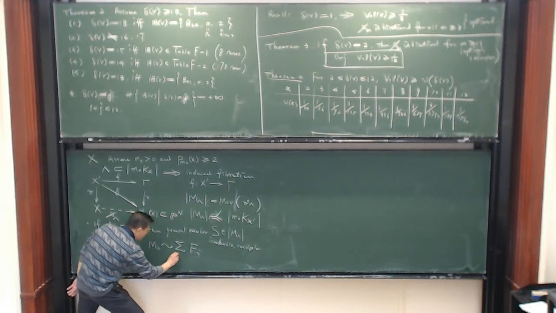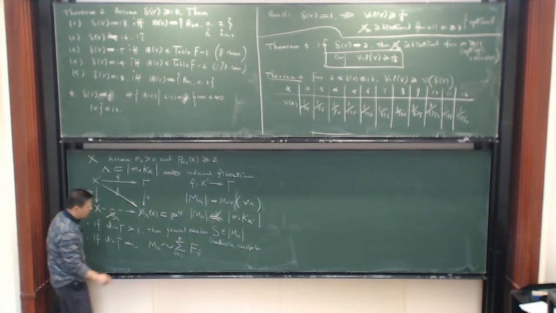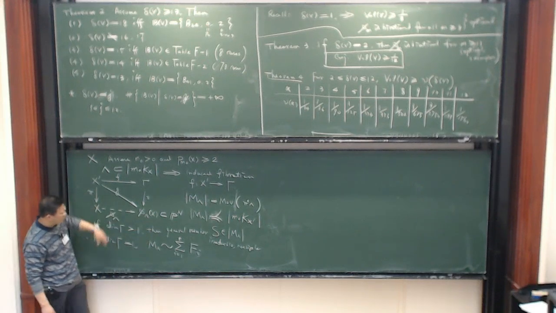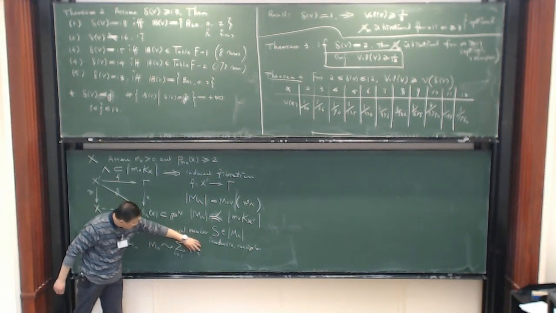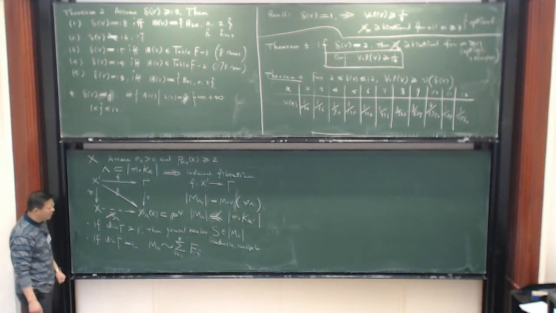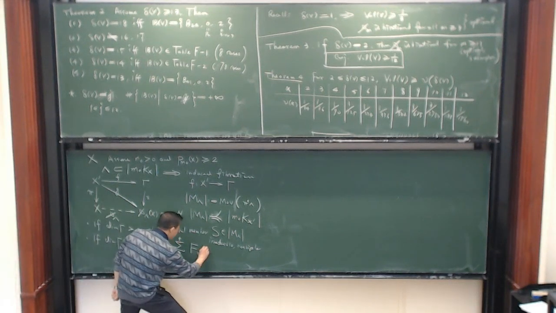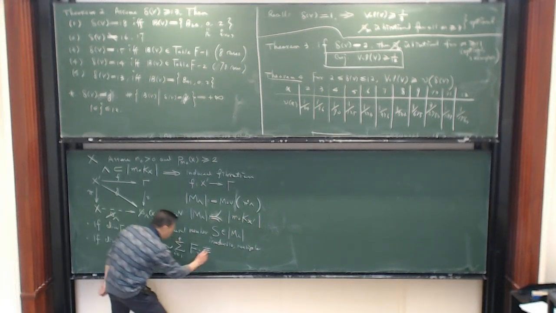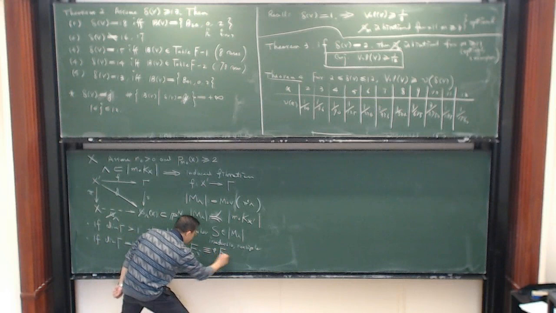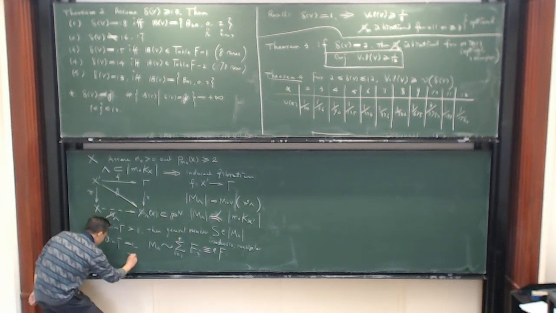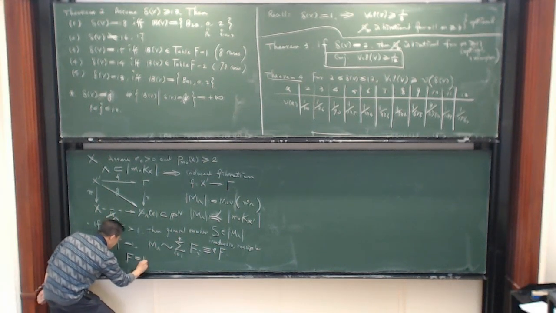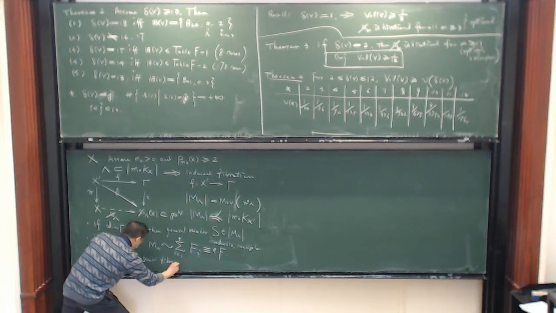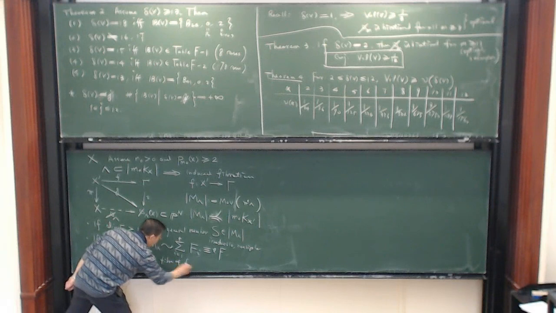The sum of disjoint smooth fibers of F, where each F_i is a smooth surface of general type. So this is numerically equivalent to a number T of F. So here F is a general fiber of F. Sorry.